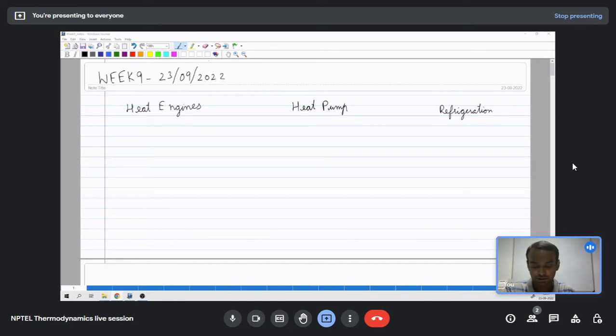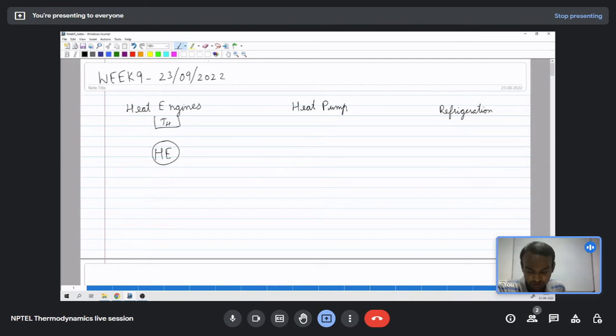Today I will introduce the concepts of heat engines, heat pumps and refrigeration systems, and then we will solve some problems with these concepts. So first, heat engines. Heat engines are machines which operate between two thermal reservoirs.